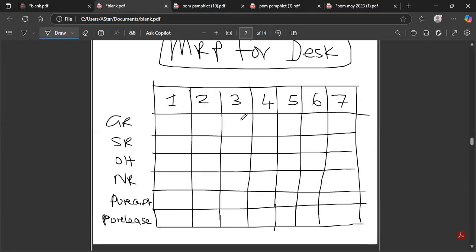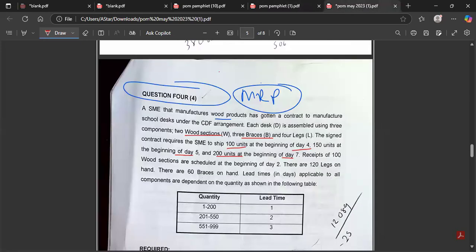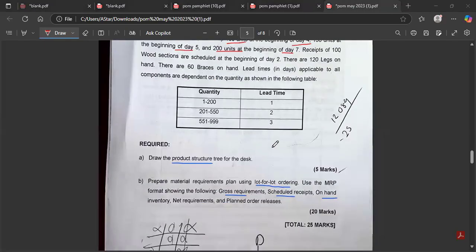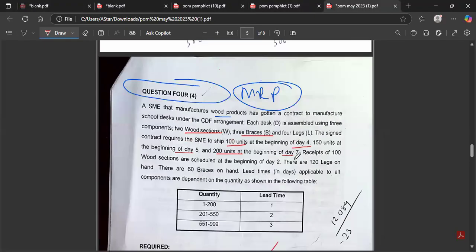So what are we having? 100 in which week? Day 4, right? 150, day 5, not so? Are we there? 200, day 7. I don't know if people are with me. From here, for number 1, we have answered this question for 5 marks.